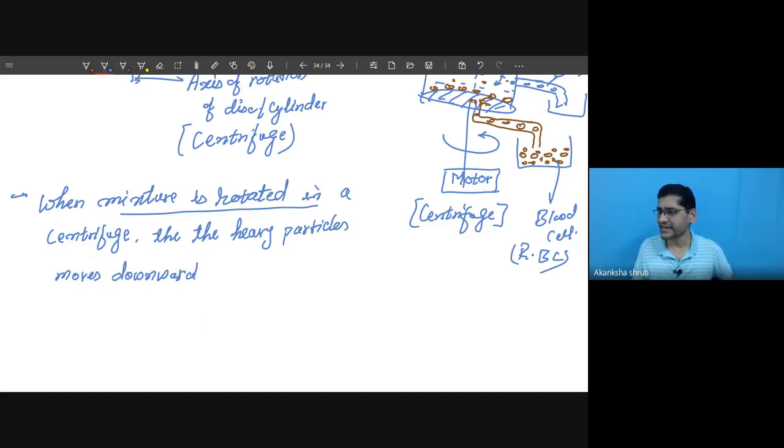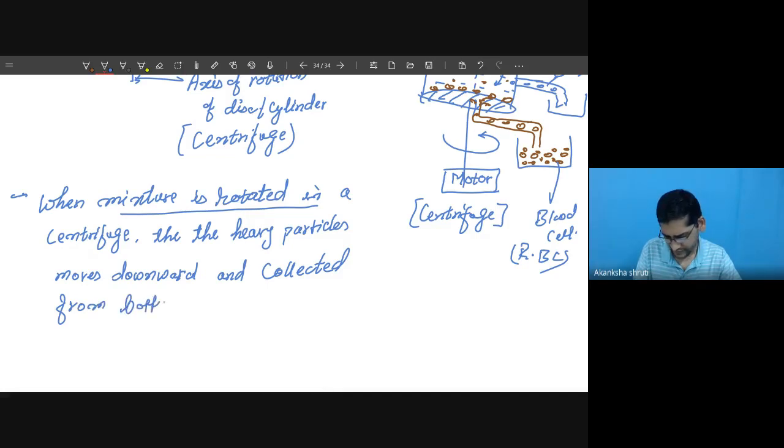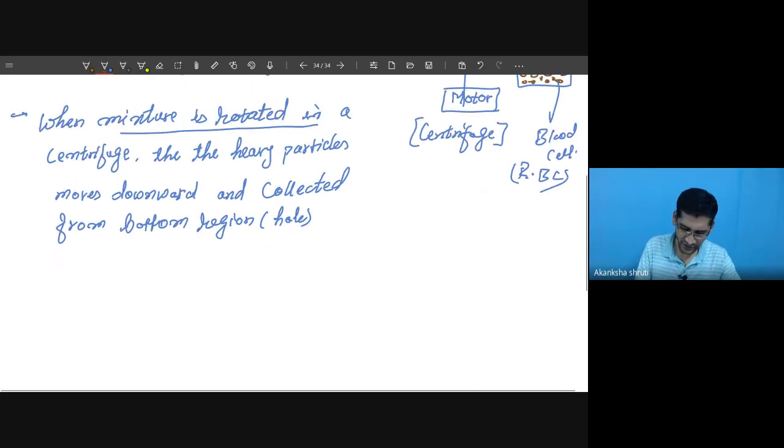Settling means when it is left undisturbed, then it will settle down automatically. But it moves downward in addition to its horizontal rotation, and is collected from the bottom region where there is some hole made, like in this arrangement. This way the heavy particle gets separated from the mixture. Are you getting?